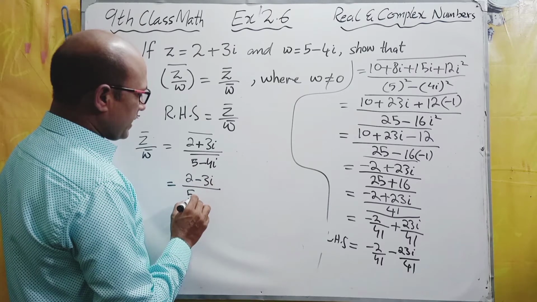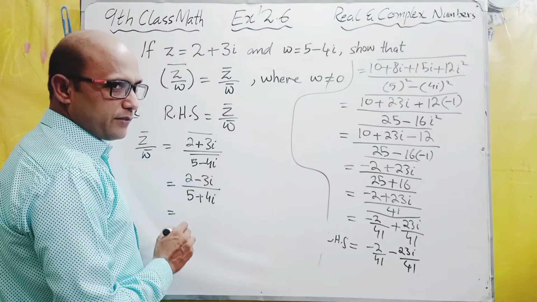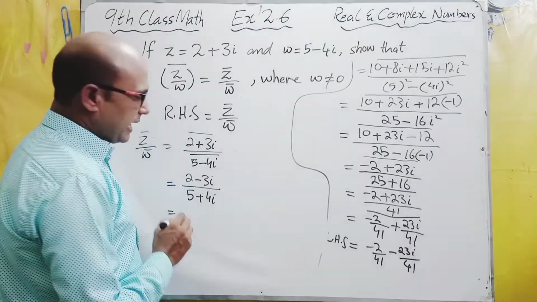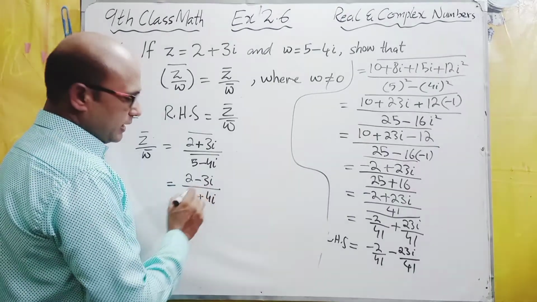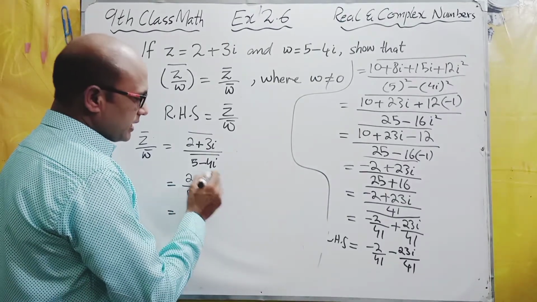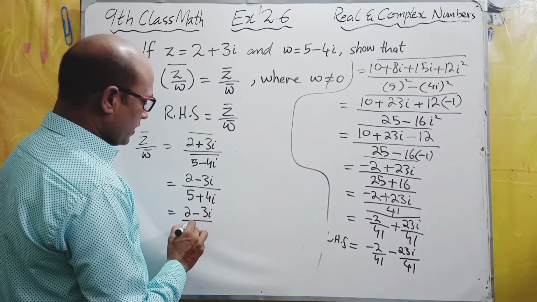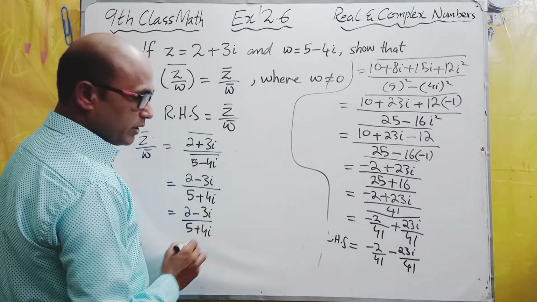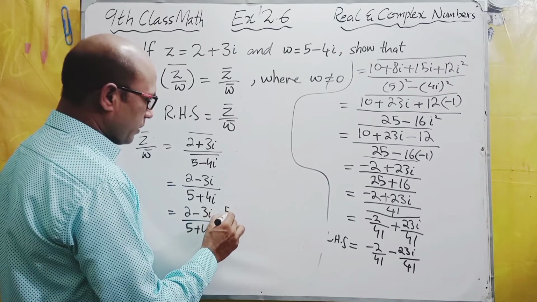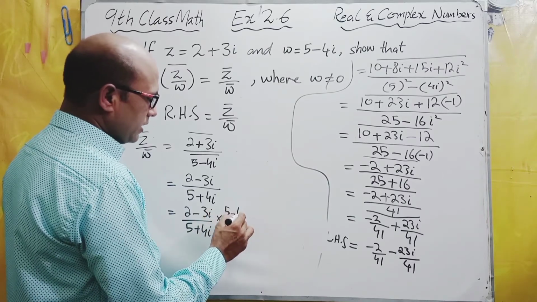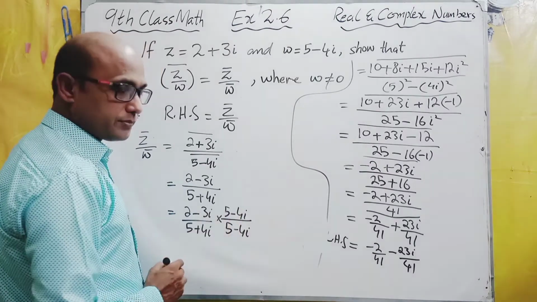plus 4 iota, in place of minus it will be plus 4 iota. Now we have to apply the method of rationalization, we'll multiply the conjugate of this denominator with this whole fraction. 2 minus 3 iota over 5 plus 4 iota will be written as it is, multiplied by the conjugate of the denominator, which is 5 minus 4 iota over 5 minus 4 iota.